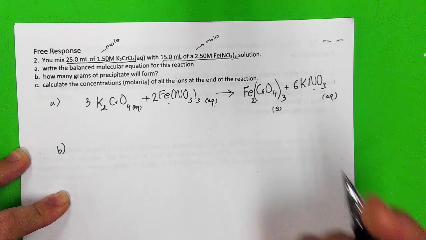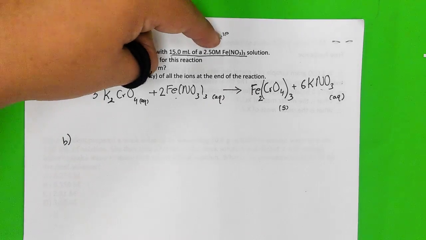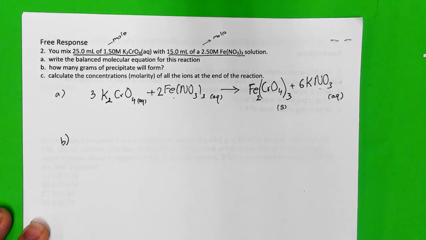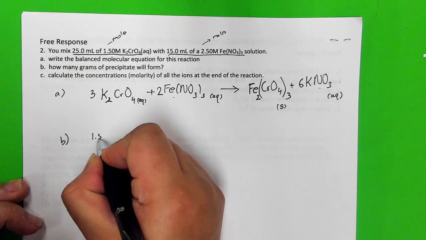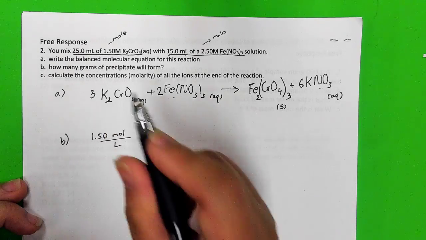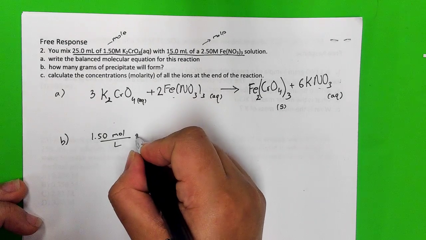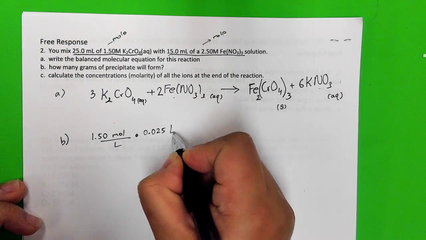Part B. How many grams of precipitate form? Before we get to that, first let's go ahead and find the moles of my reactants. 1.50 molarity just means moles over liter, so careful, times liters: 0.025 liter.